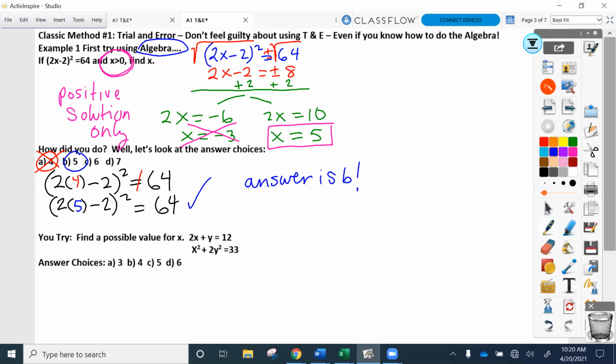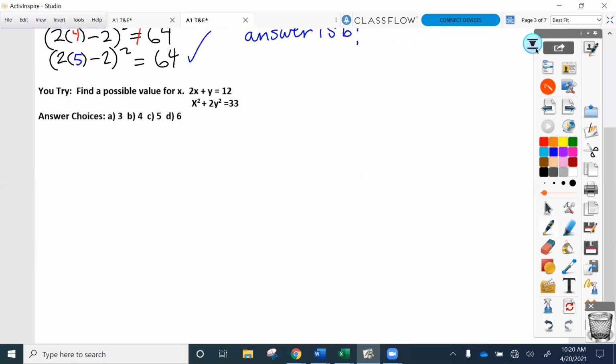All right, let's try another one. This one's a little bit more involved and a little tricky at the same time. The important thing that you recognize here is that you want to know what they're asking you for. So they're saying, find a possible value for x. Well, let's do our trial and error method. So let's say A. Let's say x is equal to 3.